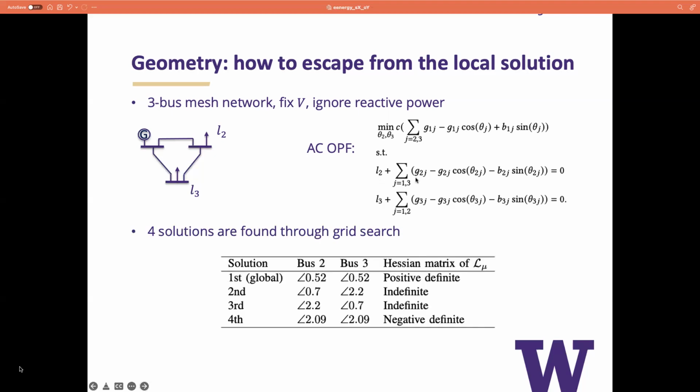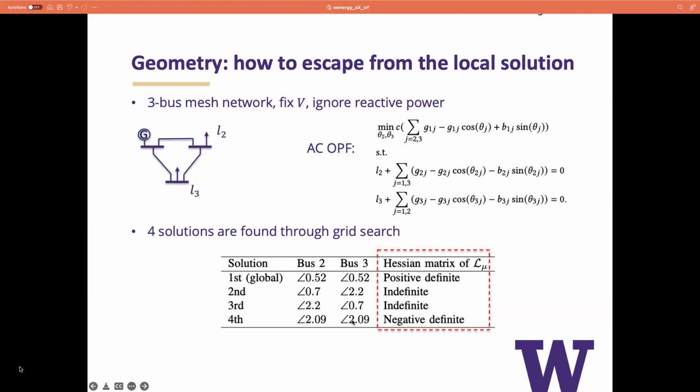For this example, we can find 4 solutions using grid search. The first solution is the globally optimal solution, and the other 3 solutions are local solutions. If we check the definiteness of the Hessian matrix, of the partial Lagrangian, this Hessian matrix is always positive definite at the global solution, but it can be indefinite or negative definite at local solutions.